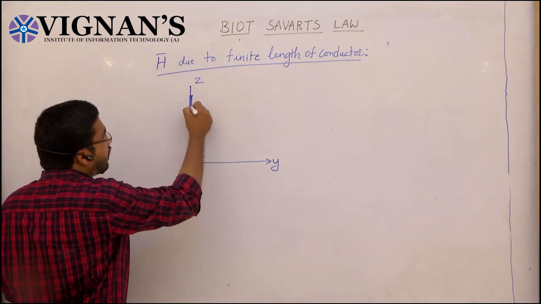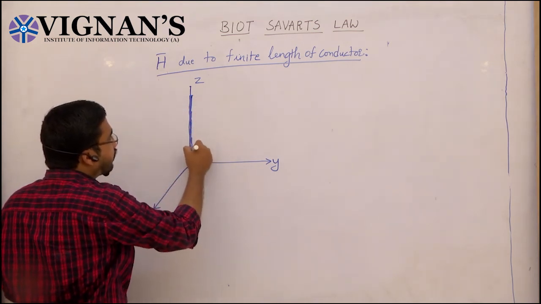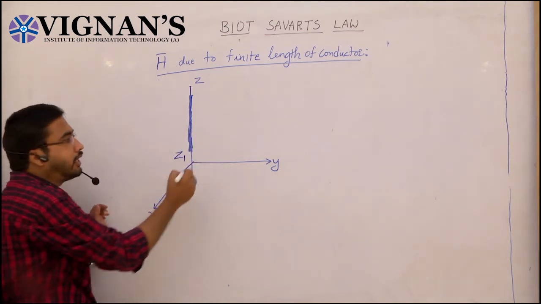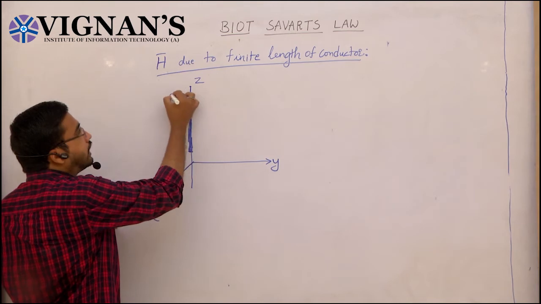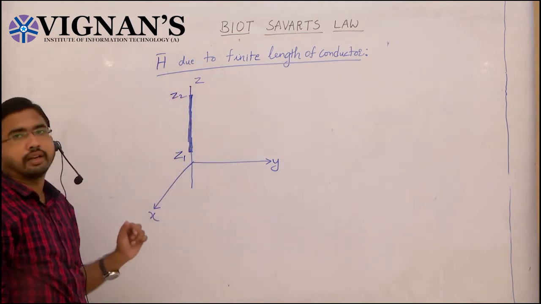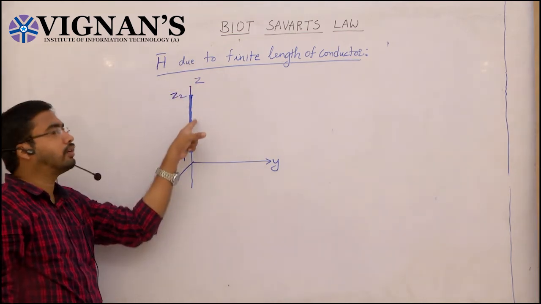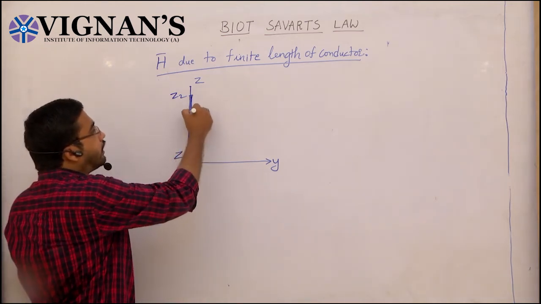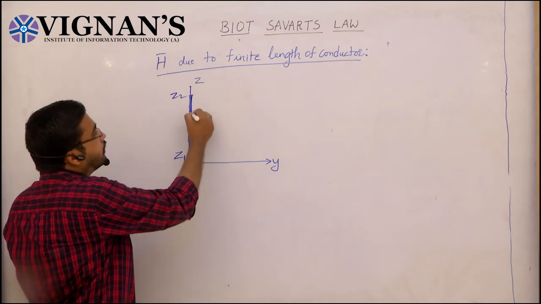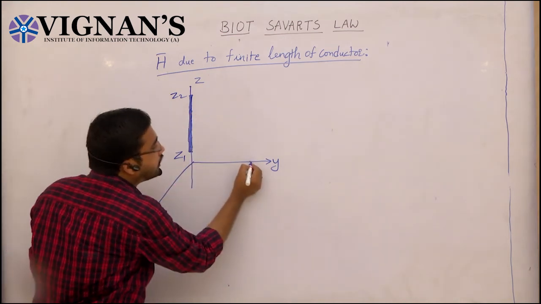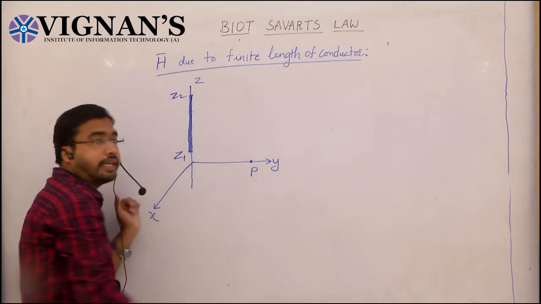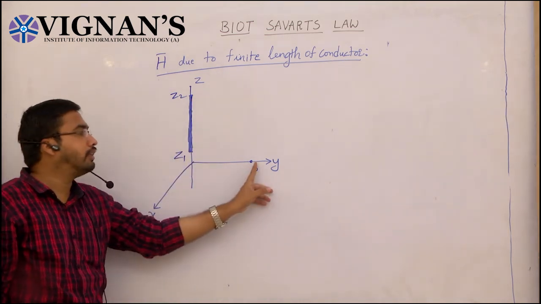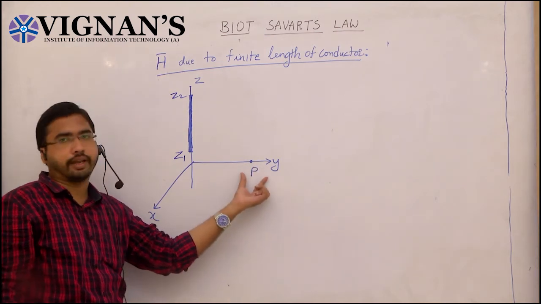Let it be some z1 is the first limit of that conductor and z2 is the second limit of that conductor. This is a conductor of finite length. Now due to this conductor of finite length, I want to find the magnetic field intensity at a point P on y-axis.